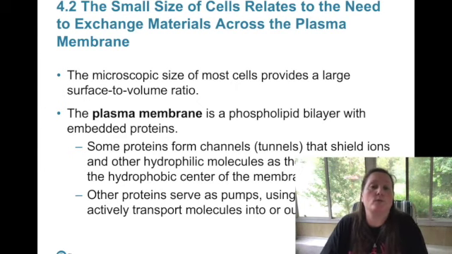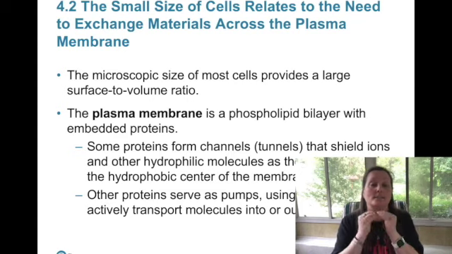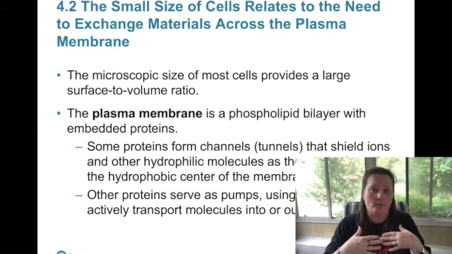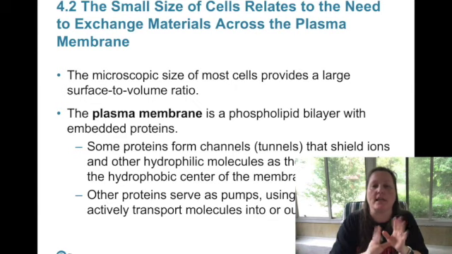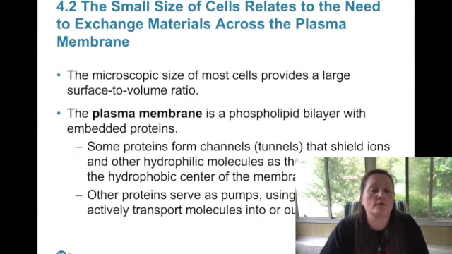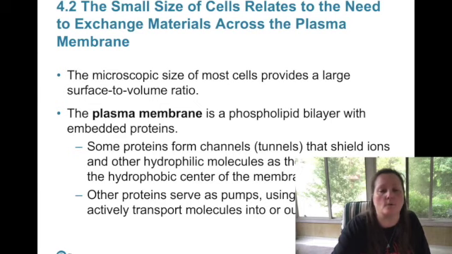Some proteins will form channels that shield ions and other hydrophilic molecules as they pass through the hydrophobic center of the membrane. Again, it has to be shielded because hydrophobic, they don't want anything wet touching them, they're scared. Other proteins will serve as pumps, using energy to actively transport molecules into or out of the cell.